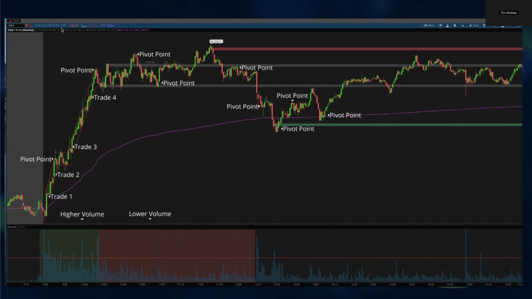Okay, if there are no other questions. This is from the Anna Coulling book, Tim? Yep, this is from Complete Guide to Volume Price Analysis. And this is book one. There's another book, Stock Trading and Investing Using Volume Price Analysis, that has a lot of examples in it.